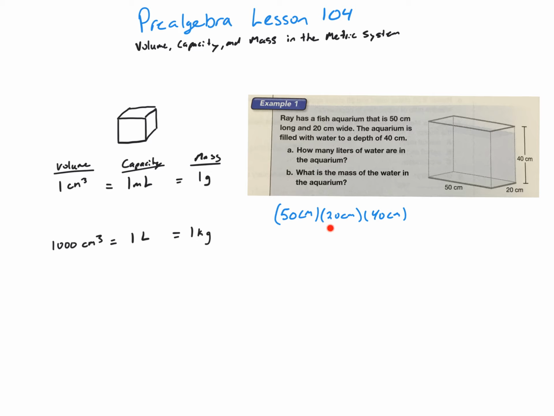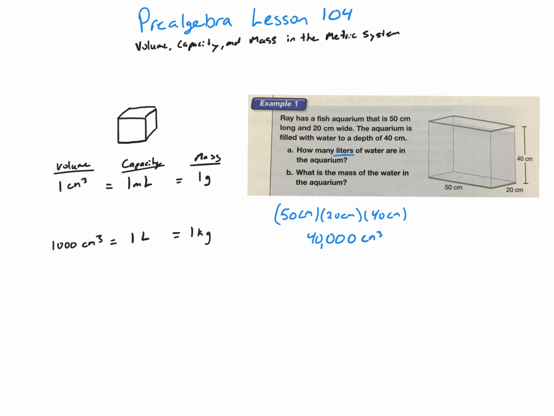5 times 2 is 10, times 4 would be 40, but then we're going to add on the zeros from each of those. So this would be 40,000 centimeters cubed, but it didn't ask for the volume. It says how many liters. So liters, notice here, 1,000 centimeters cubed is the same thing as 1 liter.